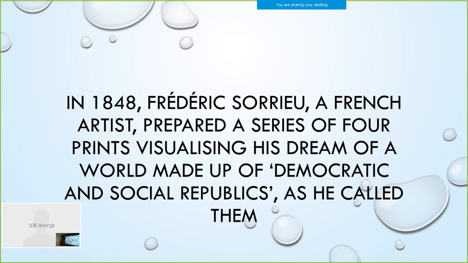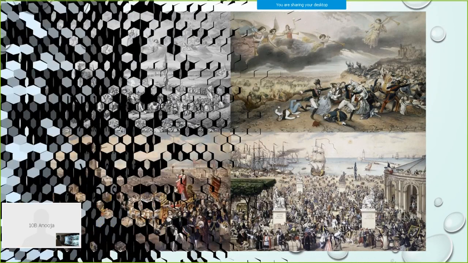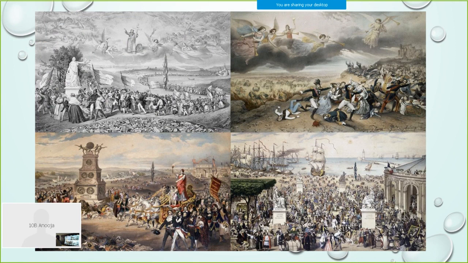He is calling for such a social order in this system in 1848. This is a picture which is presented by Frederic Sorrieu. We call these four pictures which are presented by Frederic Sorrieu.